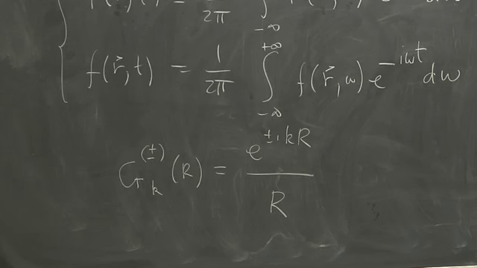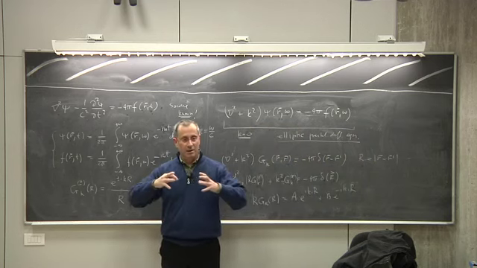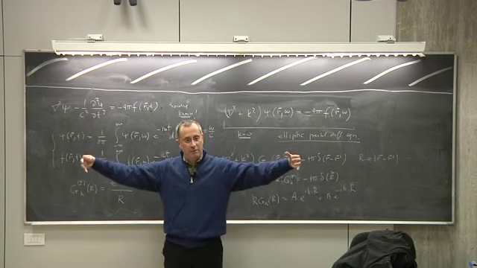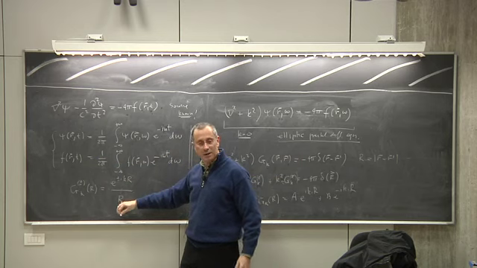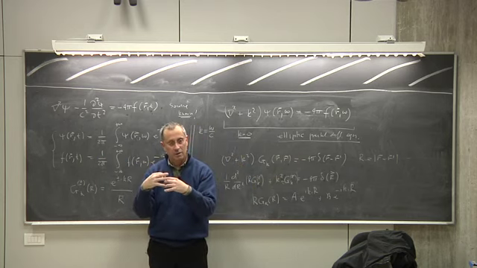They look like exponentials, but with the radius. The one with the plus sign is an expanding spherical wave, suppressed by the 1 over R, and the other one is an incoming, collapsing spherical wave.